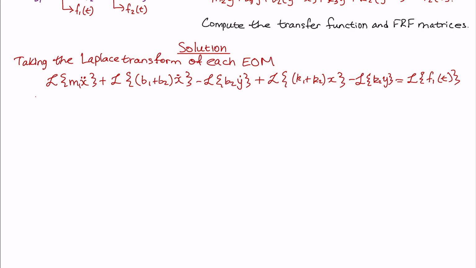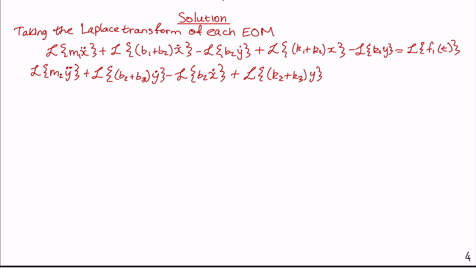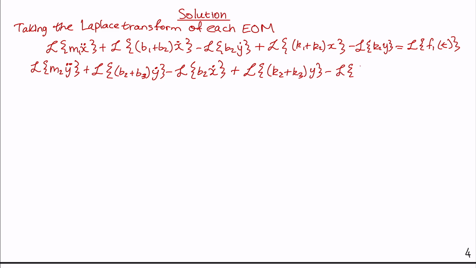Then for our second equation, we're going to get the Laplace transform of M2 y double dot plus the Laplace transform of B2 plus B3 times y dot minus the Laplace transform of B2 x dot plus the Laplace transform of K2 plus K3 times y minus the Laplace transform of K2 x is equal to the Laplace transform of F2 of t.